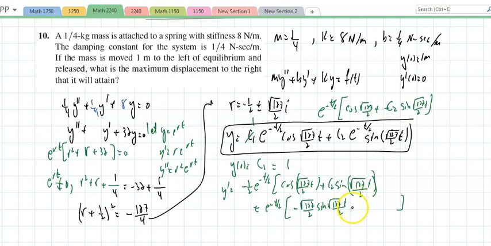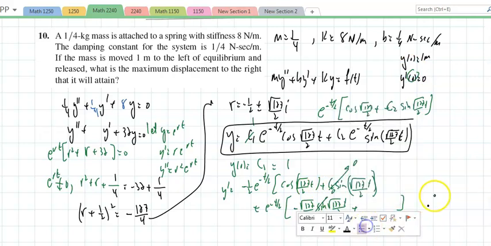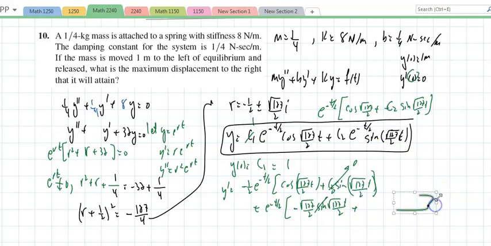Now you could save yourself some time, because if you notice at 0, anything with a sine will go away, right? But no big deal. If you don't know what I'm talking about, just proceed and finish it up. Plus the square root of 127 over 2 c sub 2 cosine of square root of 127 over 2 t.